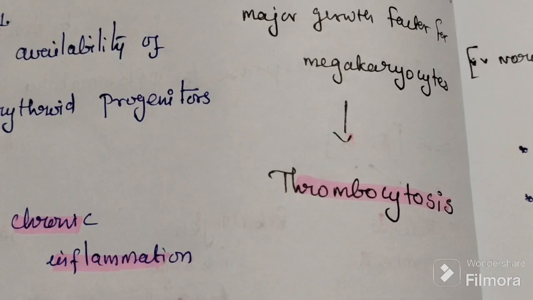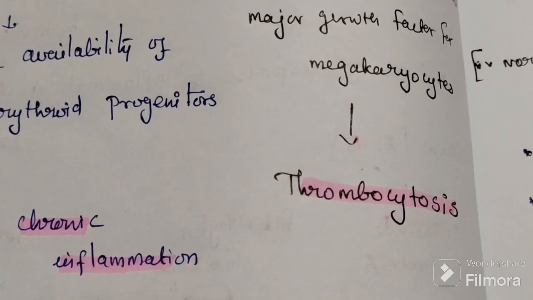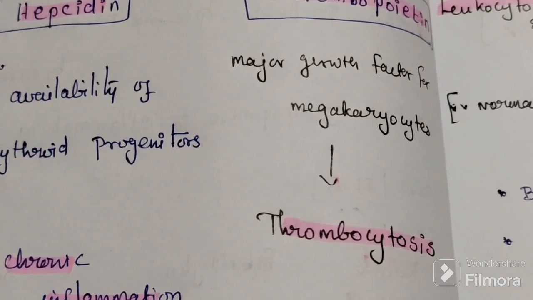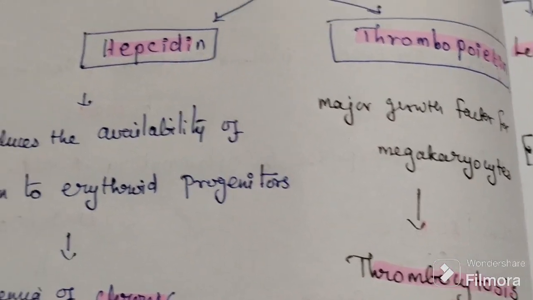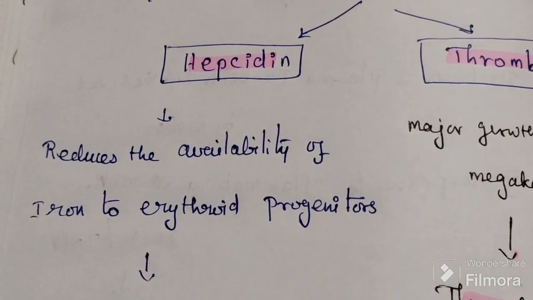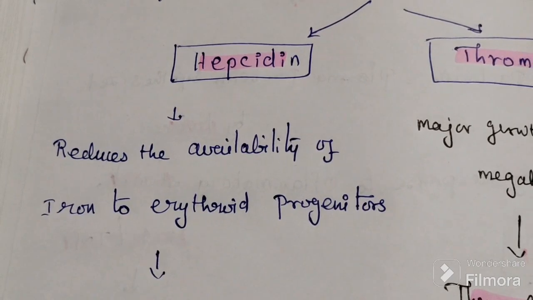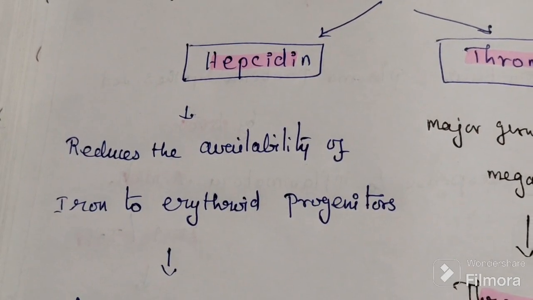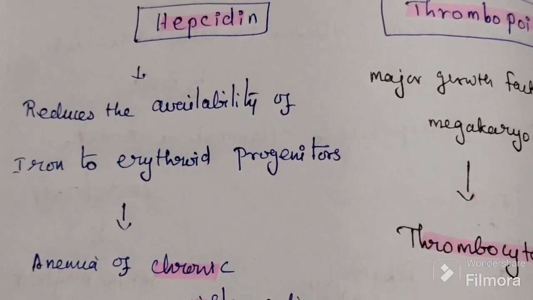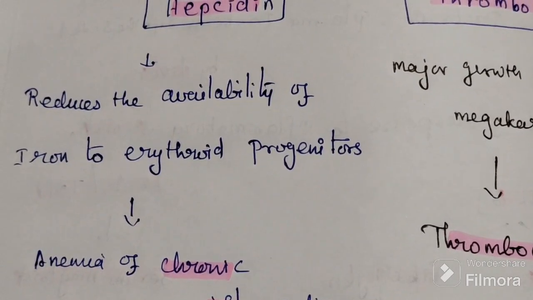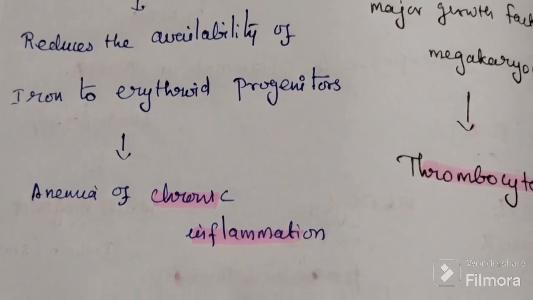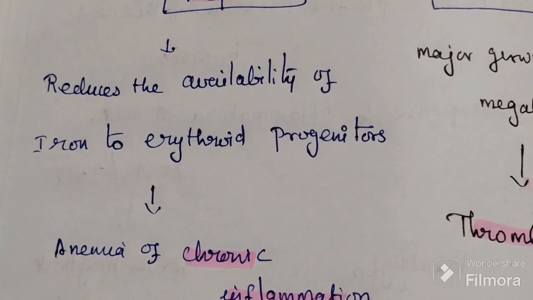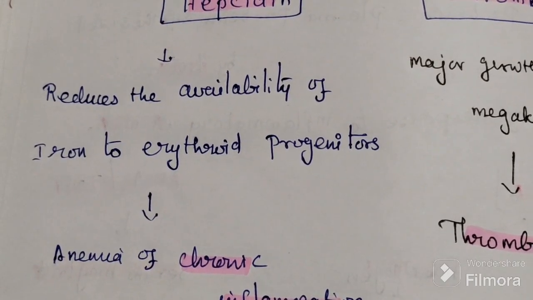That's why we find more platelets in the peripheral smear, a condition called thrombocytosis. Hepcidin reduces the availability of iron to erythroid precursors. Iron is an important component for the production of heme. Therefore, the hemoglobin and RBCs produced by these iron-deficient erythroid precursors will be anemic.